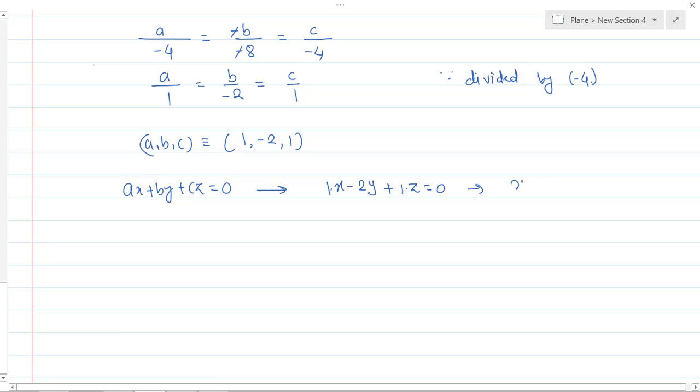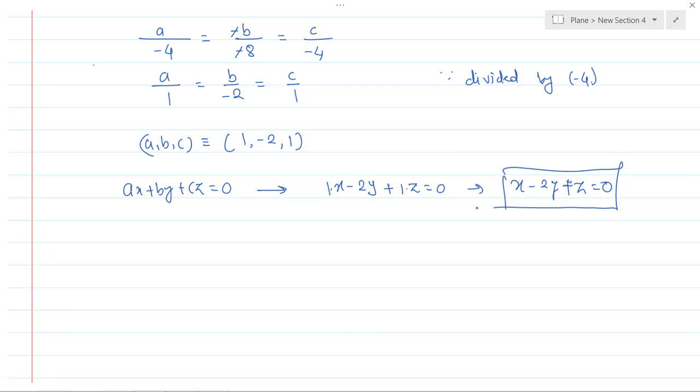So it is x minus 2y plus z equals 0. This is the required equation of the plane which is making an equal intercept which is equal to 0, that is, zero intercept made by this plane on the coordinate axes.